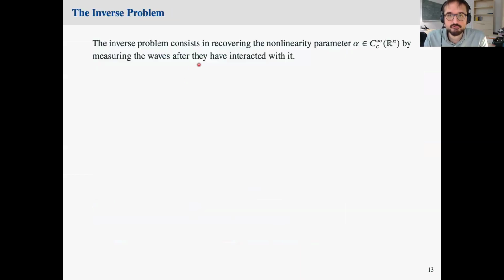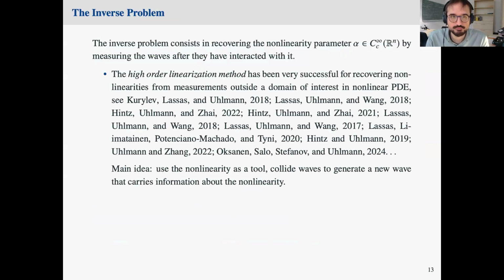And then the inverse problem has to do with recovering the nonlinearity parameter by measuring the waves after they have interacted with it. This has been a very active area of research in general, nonlinear waves, for the last 10 years or so.